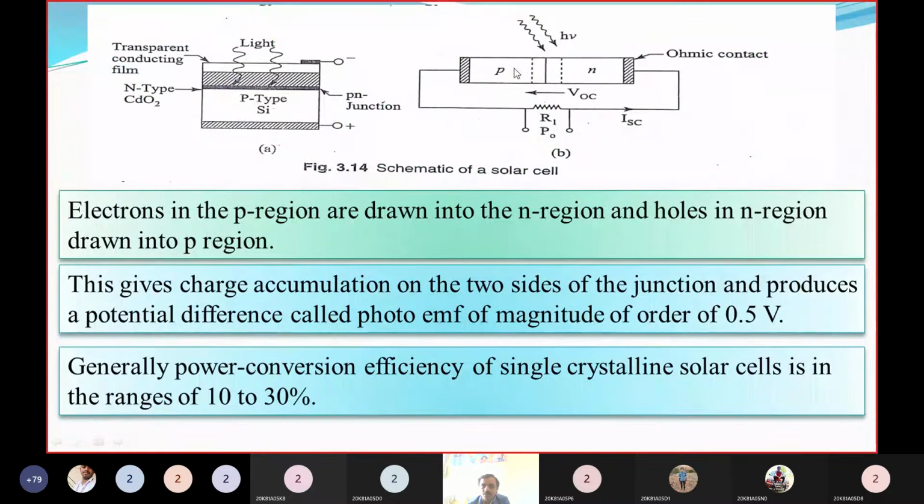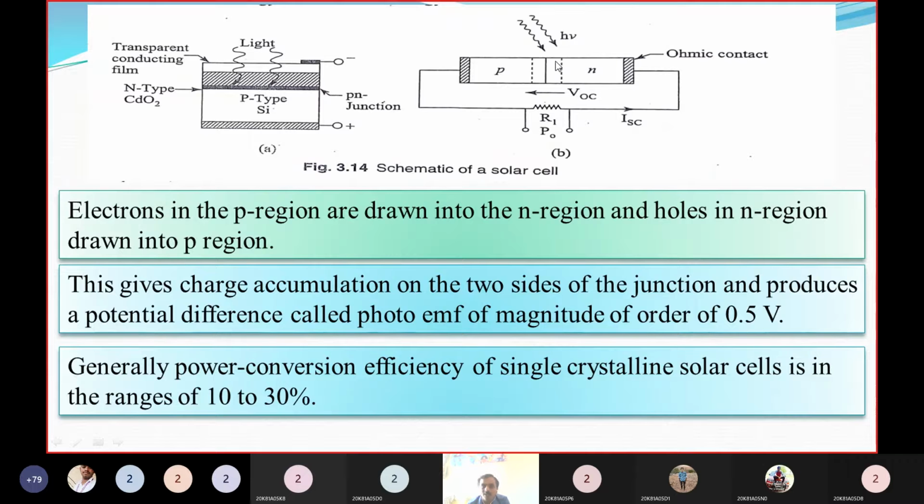Initially, without light illuminated, in the P region, these holes are attracted by these electrons. Similarly, these electrons are attracted towards the holes. So these electrons try to move this side.